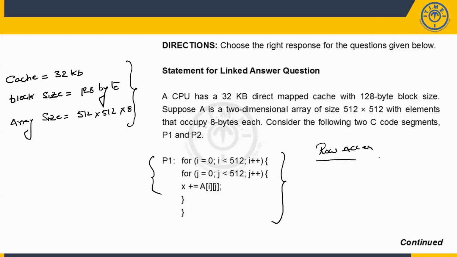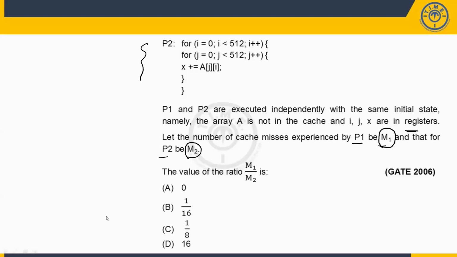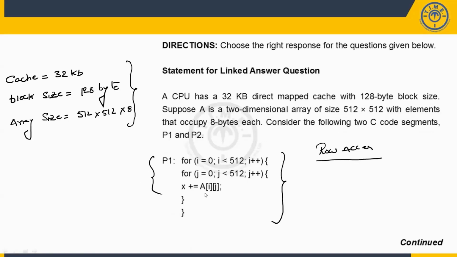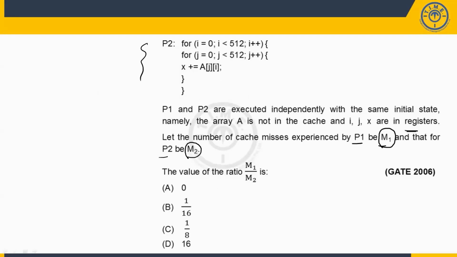Elements of the array will be accessed row-wise. Second one, P2. X is equal to X plus A of I of J, but the second one is A of J of I. This is the column access.